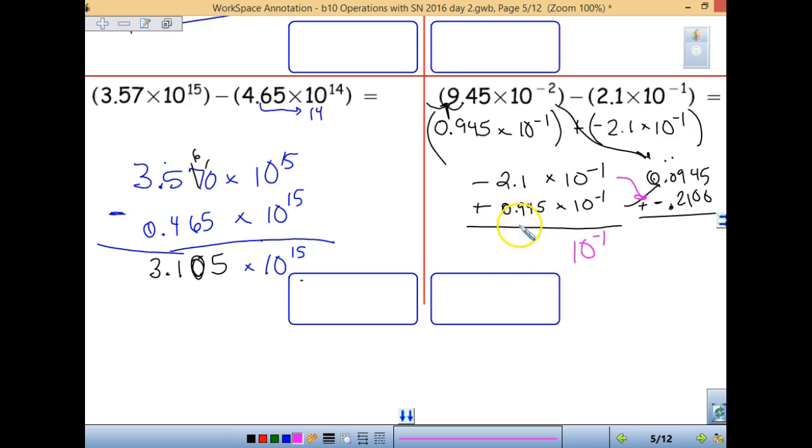If the signs are opposite, what do we do when we are working with adding integers and the signs are opposite? We're actually subtracting, right? My answer is going to be a negative because my negative was bigger. I'm going to add the 0, so it's really 2.100 minus 0.945.